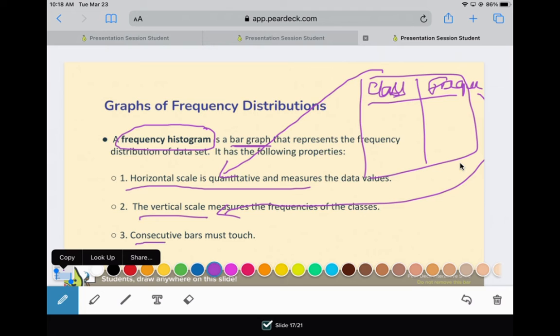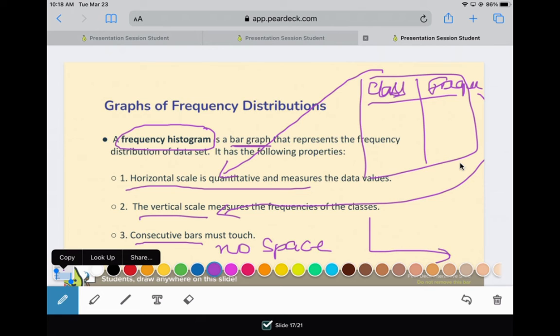The bars must be consecutive. That means no space between the bars. They're going to be right next to each other. So we did it before, but the computer did it for you. Right now, we can have a table, and you will construct a frequency histogram based on the table given to you. Okay, so a frequency histogram is a bar graph. The class column is represented by the horizontal.